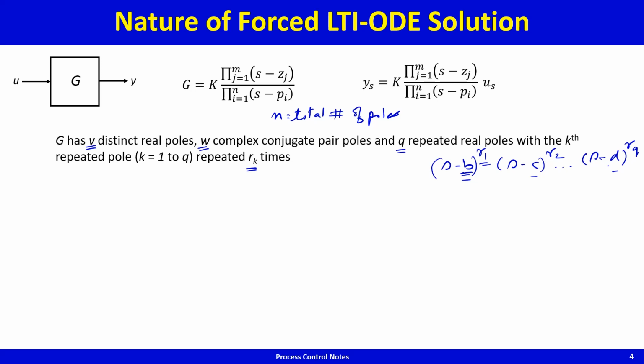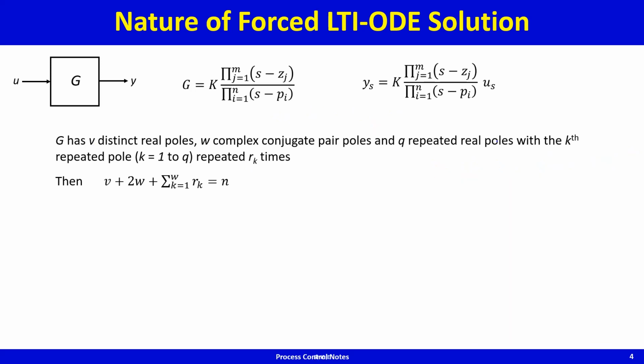So there are a total of Q repeated real poles, and the kth repeated pole is repeated R sub k times. So distinct roots plus complex conjugate pairs plus repeated real roots must sum to n. That's just accounting for the number of roots.